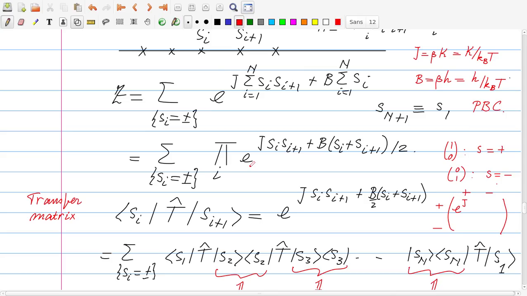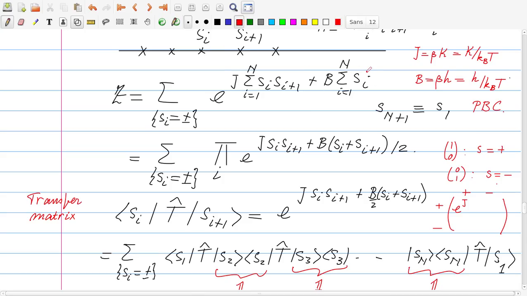Now a second change I have implemented here is that here I have one B field per site, and here I have a B field coupling to S_i and to S_{i+1}, and then I divide by 2. So I can either take the magnetic field for this one, for that one, for that one, and add them all up.